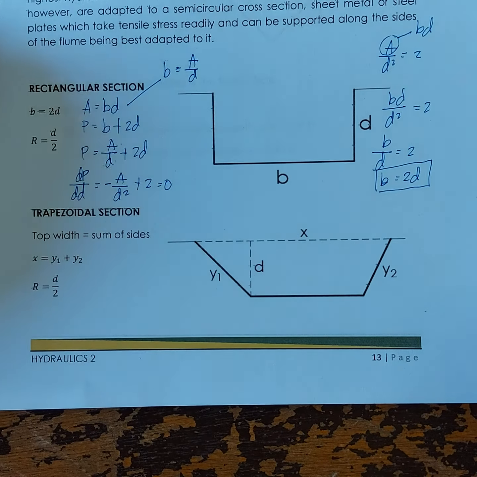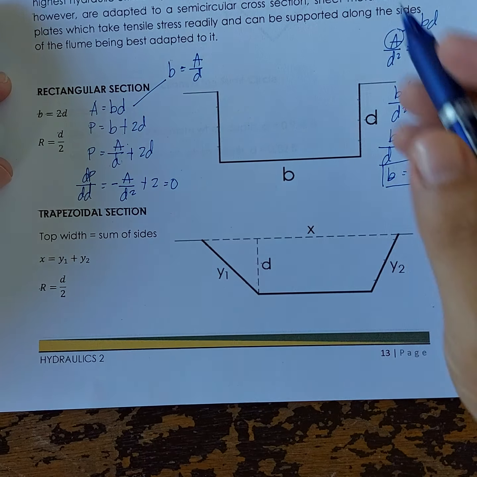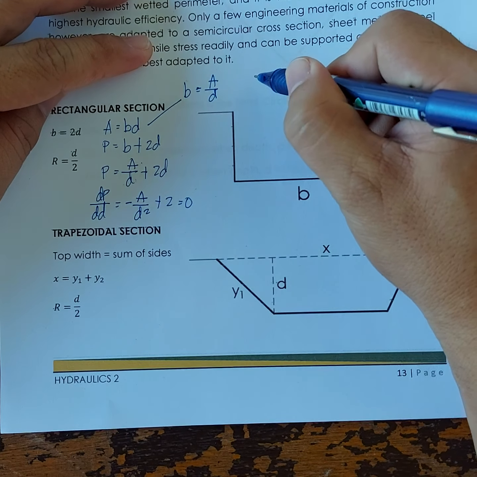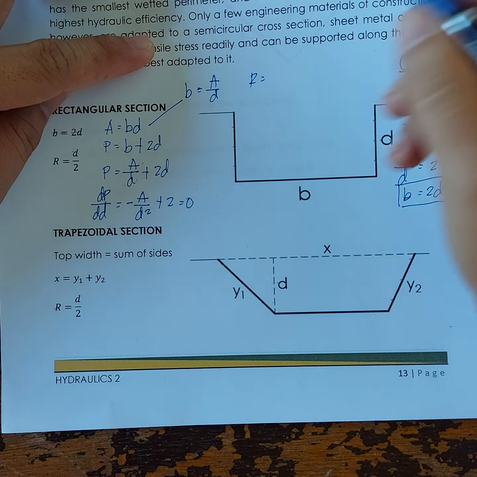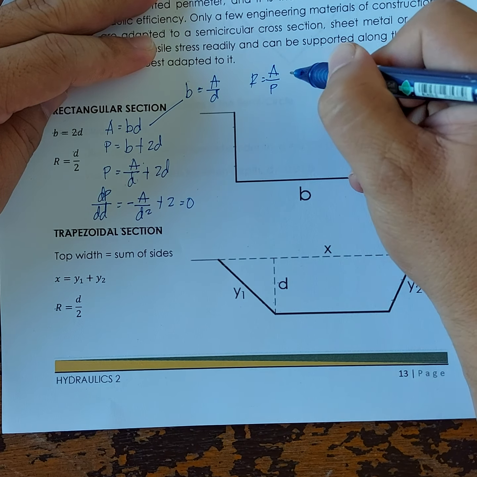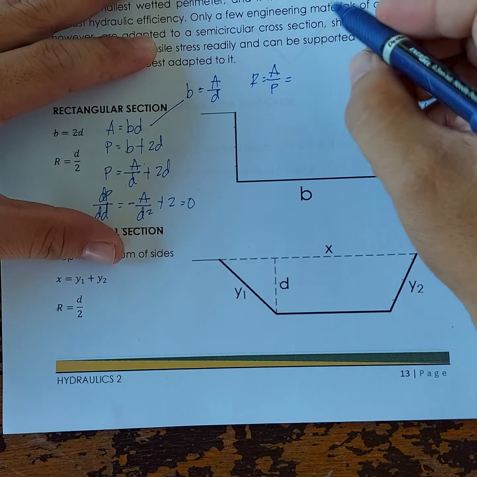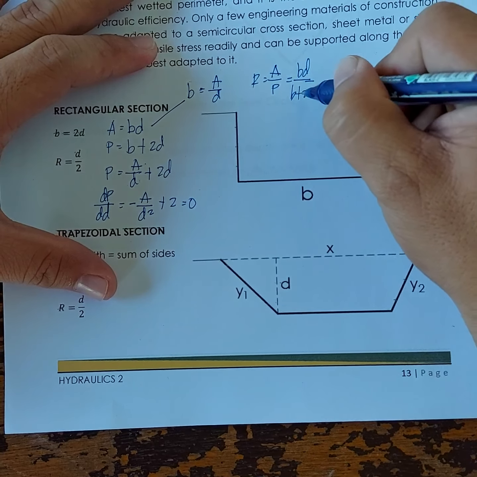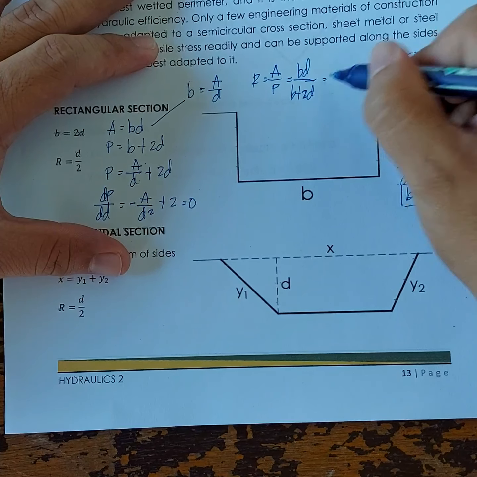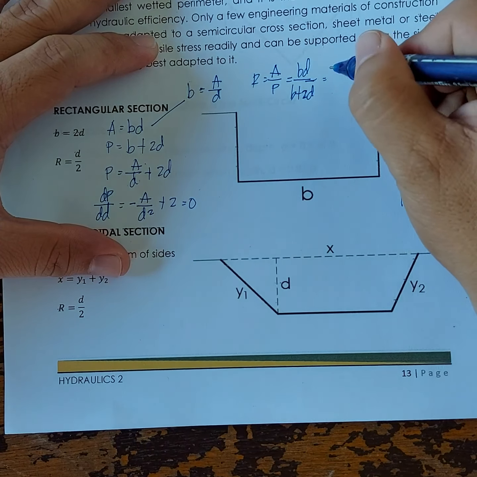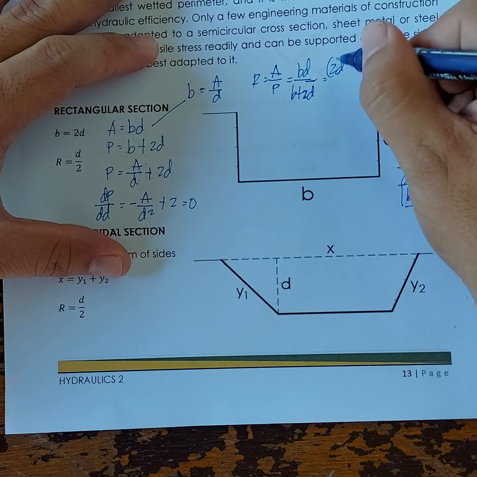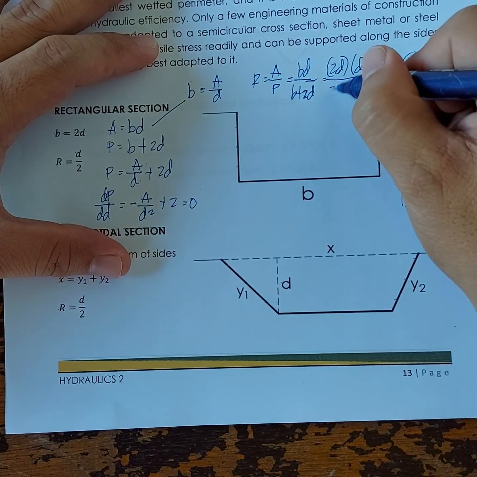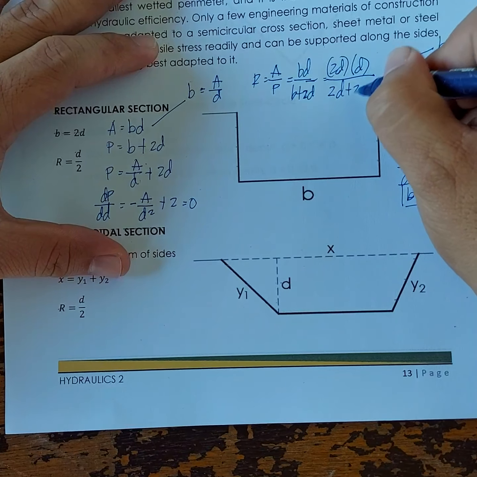So for the hydraulic radius R, the hydraulic radius is A all over the wetted perimeter, and it is also equal to B D all over B plus 2D. So we know that B is twice the depth. So that is 2D plus 2D.